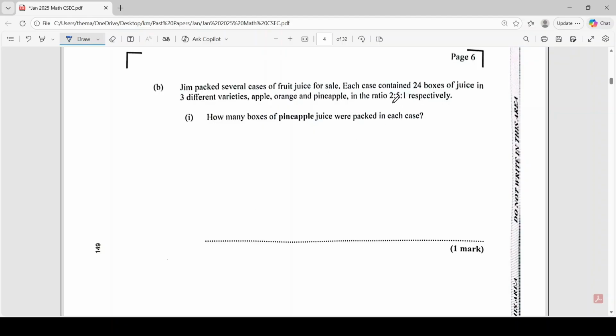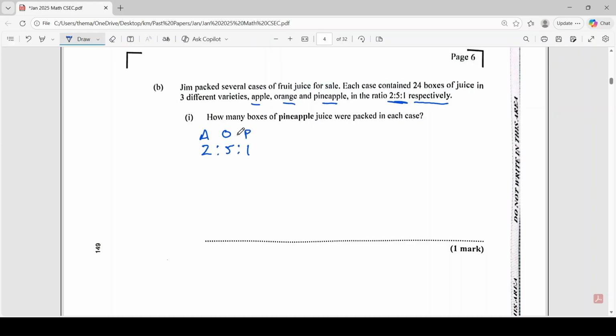Right, so let's recap the ratios. Once you deal with ratios, 2 to 5 to 1, this respectively means we line up how it is stated: apple, orange, and pineapple in the ratio 2 to 5 to 1. So apple would be 2, orange would be 5, and pineapple would be 1.